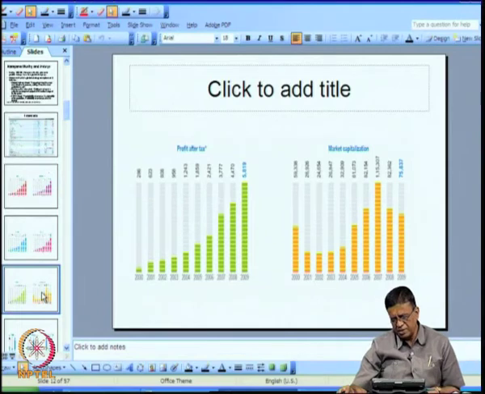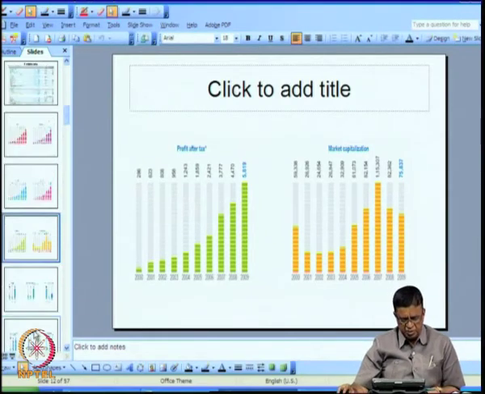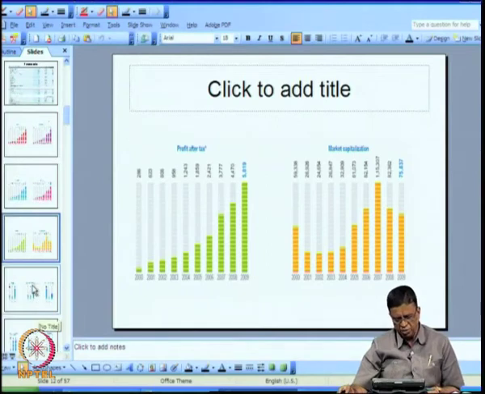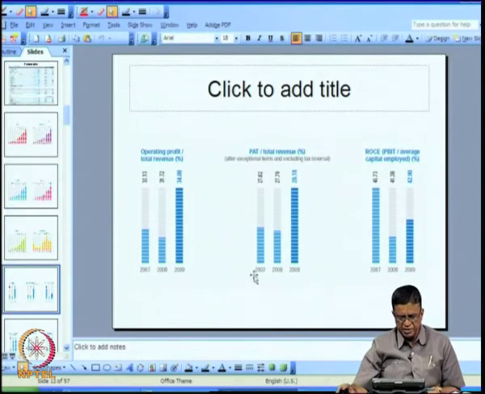From 2008 to 2009 is the period when the 10 rupee share was split into 5 rupees and you got more number of shares. Then the operating profit to total revenue has again gone up, then the profit after tax to total revenue, then the return on capital employed, how has it gone up?